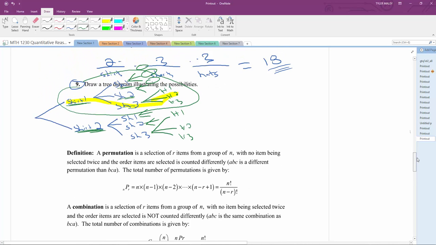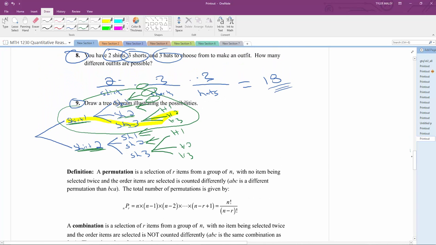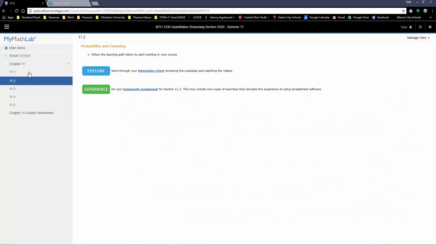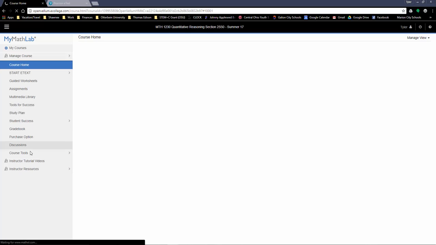All right. So before we go on to permutations and combinations, I want to take a moment and look at a homework problem with you. So let me open this up. I have Pearson open here.